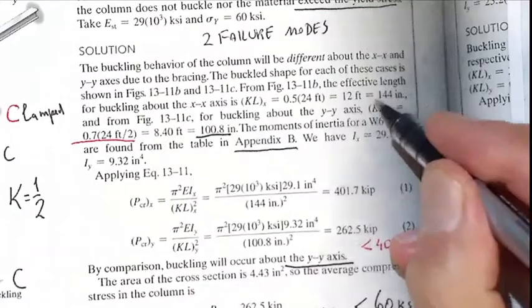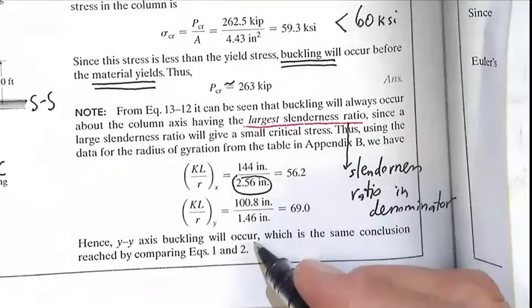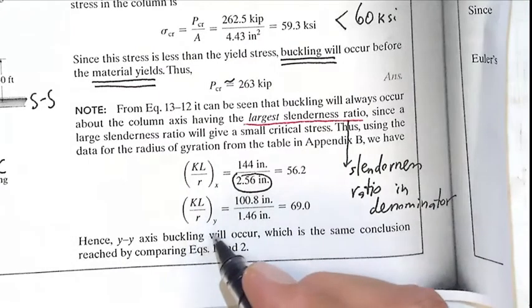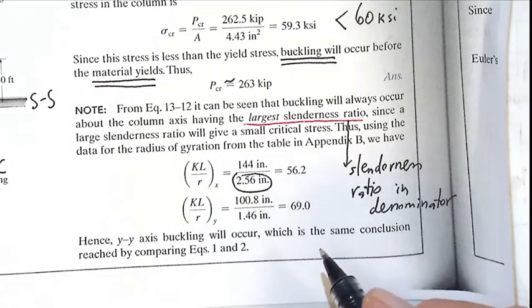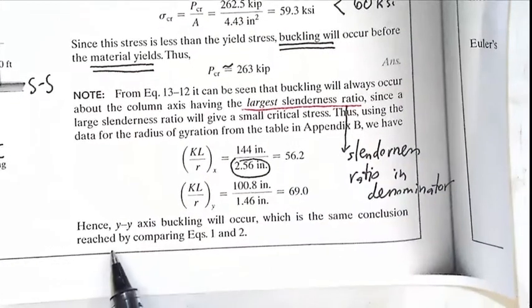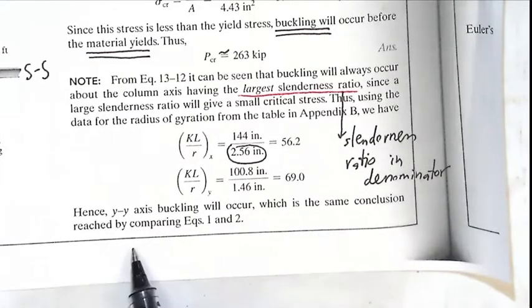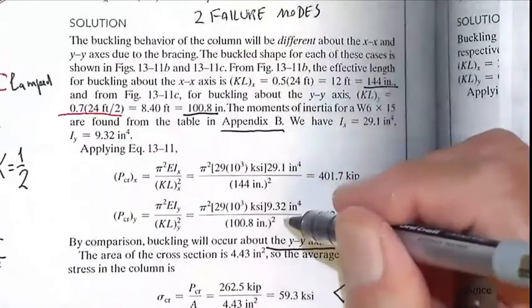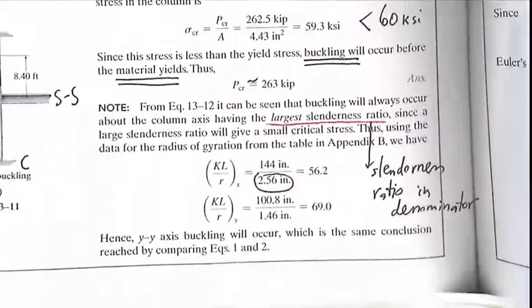Here it was 100.8 divided by the radius of gyration in the y direction, 1.46 inch, so it is 69. Hence, y-axis buckling will occur, which is the same conclusion reached by comparing the two loads. Any questions?